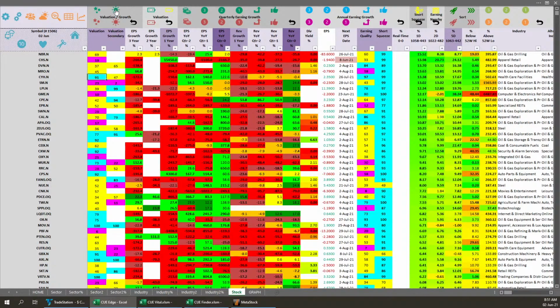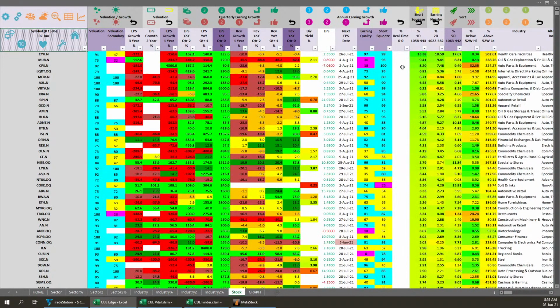Let's look for 3-star candidates. Even 3-star candidates went up by this large percentage. That's why it's useful to look at QFinder and Q Edge to decide trades, not just look at the market ETFs. These are 3-star, great valuation, great earnings growth, and they went up by a significant percentage.